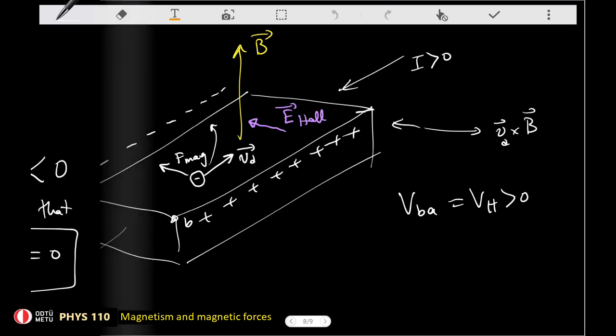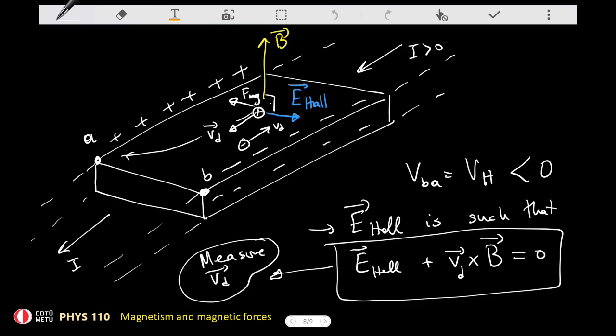Let's go back. For positive charge carriers, the Hall electric field is from A to B, is in the opposite direction, and the Hall potential would be negative. So by measuring the sign of the Hall potential, we can understand the sign of the charge carriers, right?